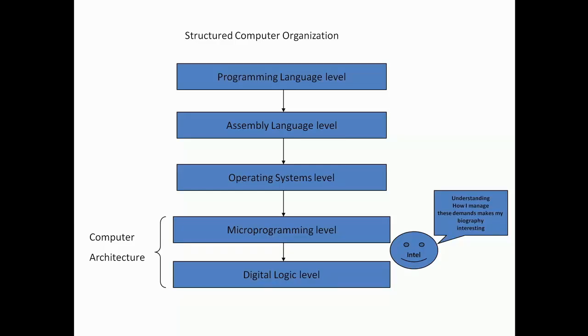Understanding how the architecture manages these demands forms the subject matter of computer organization. This course will teach you more from a security perspective. It will teach you how to manage these demands made by the programming languages, the compiler, and the operating systems, and also we add a security tinge to this. Okay.